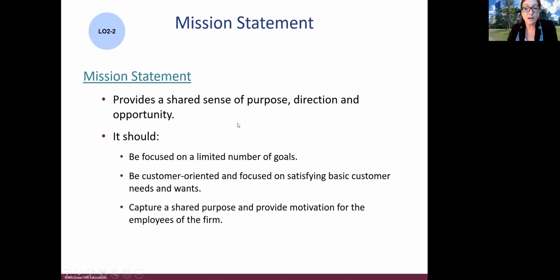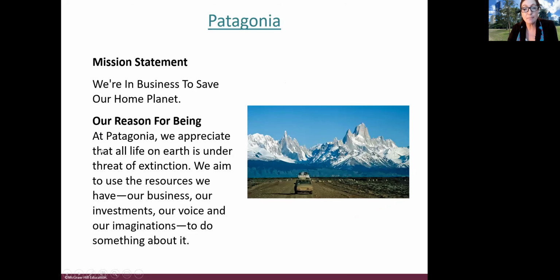With regards to a mission statement, a mission statement is a statement of shared purpose, strategic direction, and opportunity that the organization is focused on. We've got an example here with Patagonia. Patagonia simply states their mission is to be in business to save the planet.